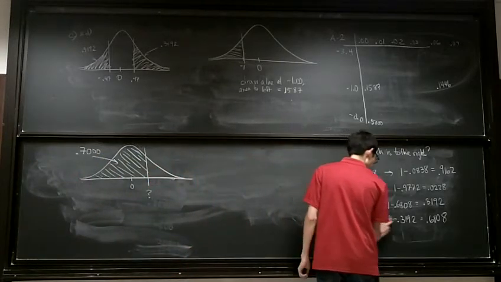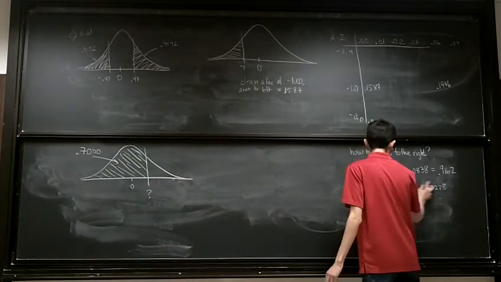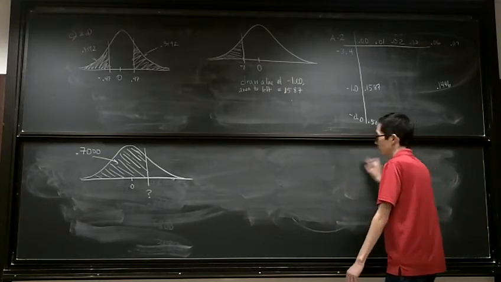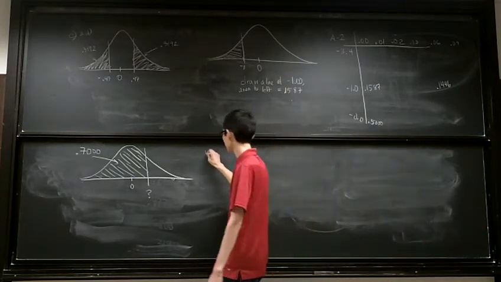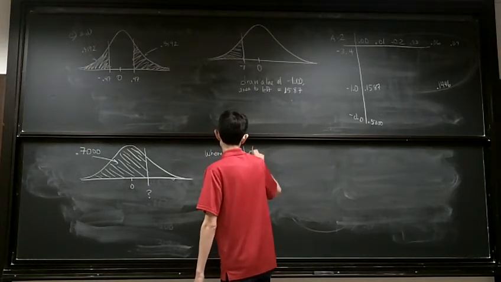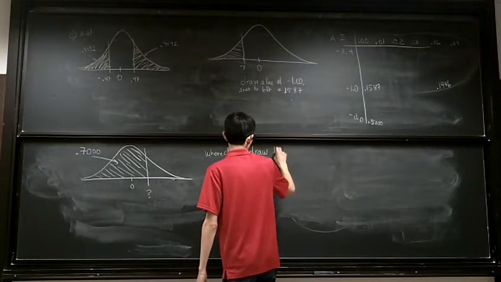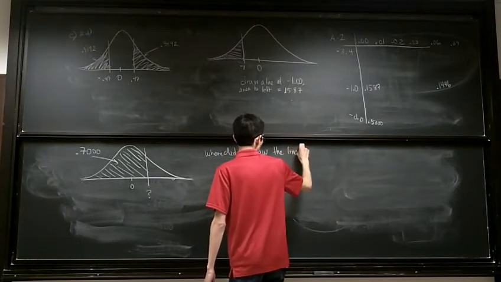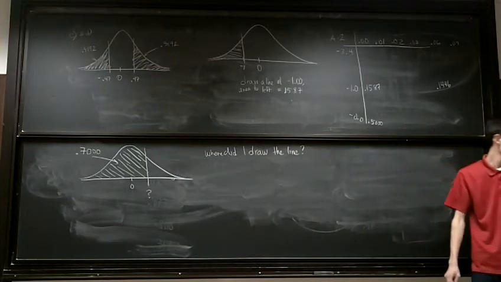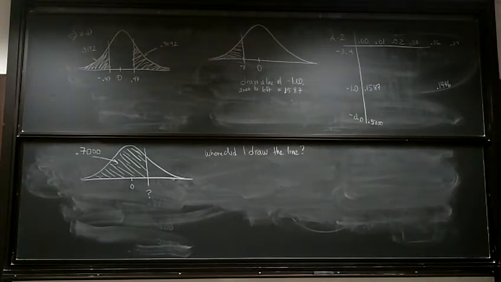You're going to have to look this up in your table somehow. It's going to be here, I think. 0.7? I don't know, just guessing. I didn't even look up the answer.